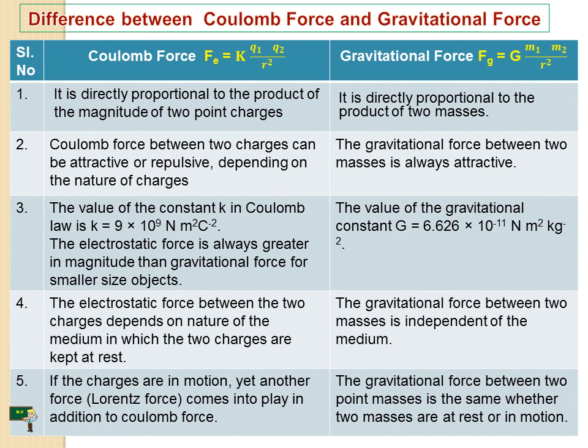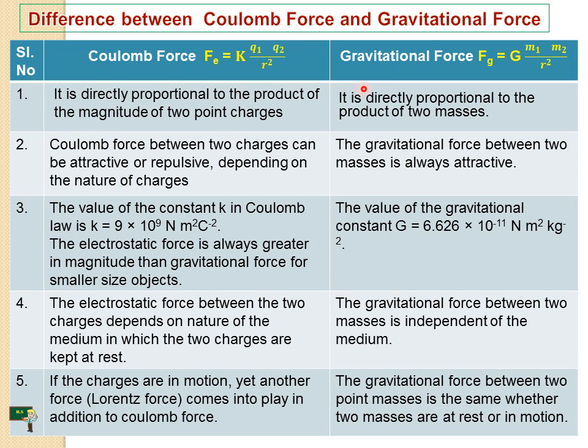Let's see the difference between the Coulomb force and gravitational force. First point, the Coulomb force is directly proportional to the product of the magnitudes of 2 point charges. Here Q1 and Q2 are the 2 point charges and they are directly proportional to the force.